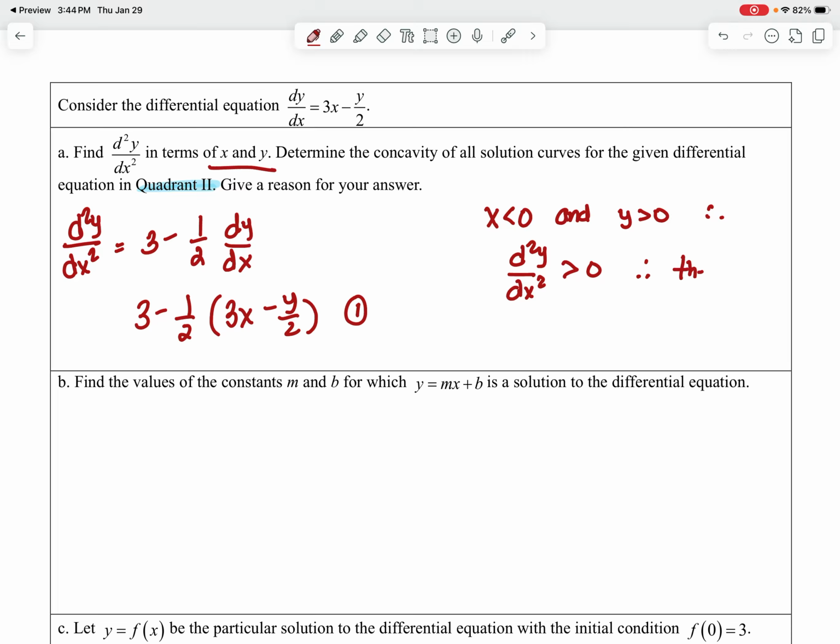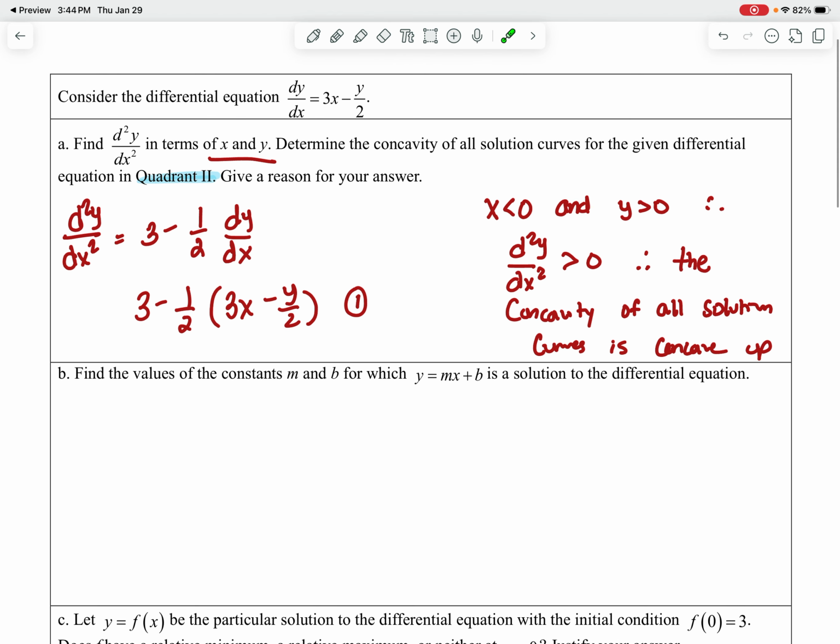Therefore, the concavity of all solution curves is concave up. You needed to tell me how did you know that the second derivative was positive, and that was essentially giving me what quadrant 2 looked like, aka x is less than 0 and y is greater than 0.